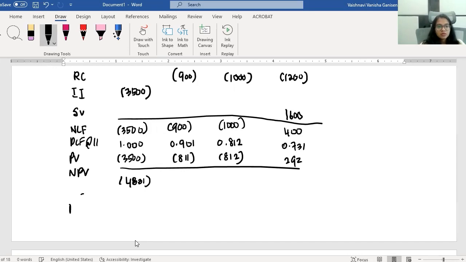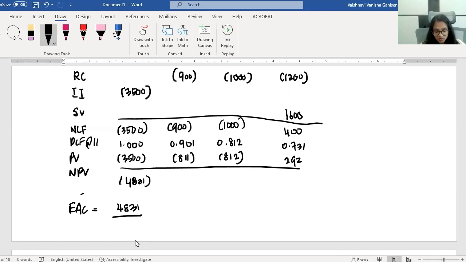Okay, so my EAC is equals to 4831 divided by, guys, so remember, no need to put the negative value. The reason why you don't have to put the negative value is because you don't actually need to show that it's a cost.